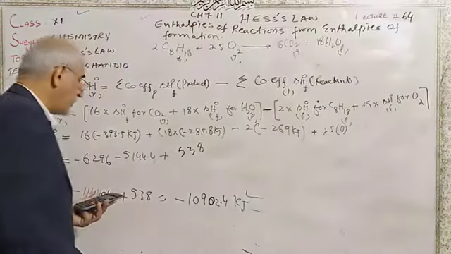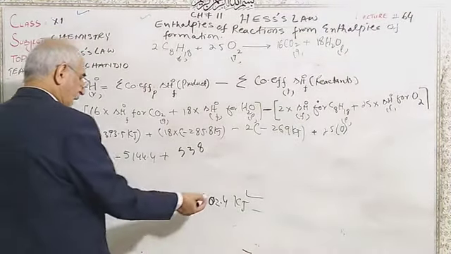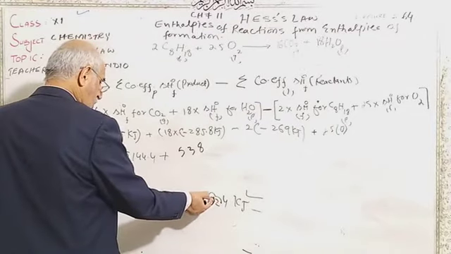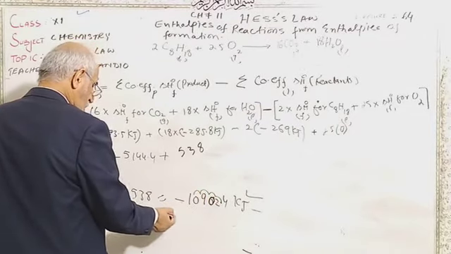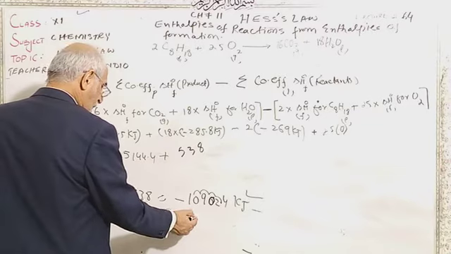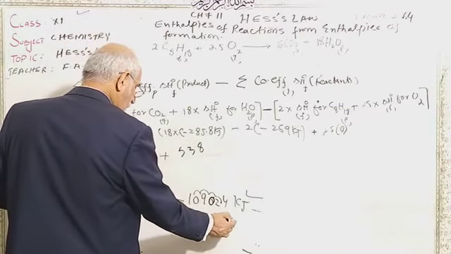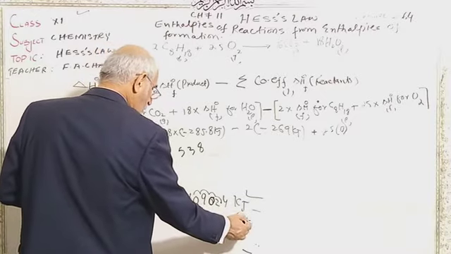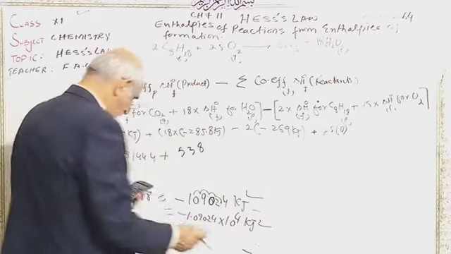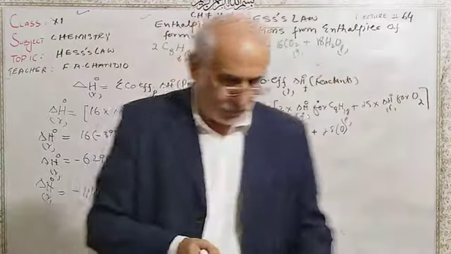This is your answer. If you write it in exponential notation, it is minus 1.09024 into 10 raised to the power 4 kilojoules. This is the heat of reaction.